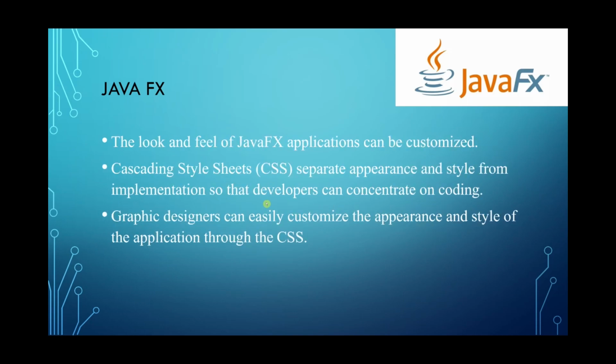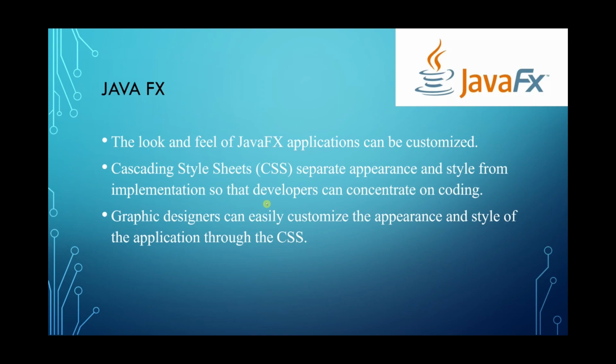So the look and feel of JavaFX applications can be customized. Cascading style sheets, which are known as CSS, separate appearance and style from the implementation so the developers can concentrate on coding.